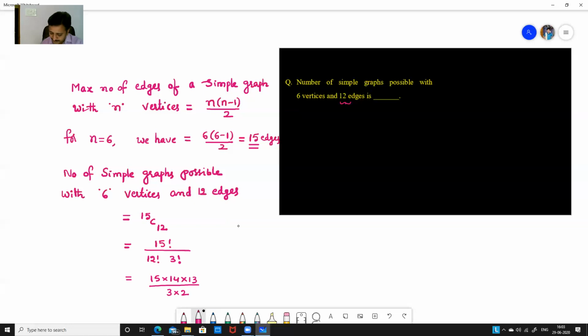Okay. By simplifying it, 3 ones, 3 fives get cancelled. And 2 ones, 2 sevens get cancelled. Where we are having 35 into 13, which is equal to 350 and 105, that equals 455. So therefore, the answer to this question is 455 simple graphs with 6 vertices and 12 edges. Right?